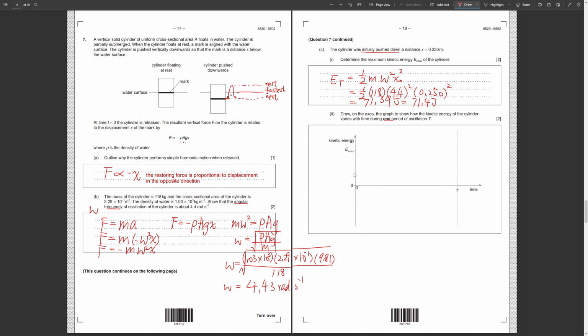In terms of energy, it will be 0, fast, 0, fast, 0, with the endpoint being one time period as well. Lastly, we are going to join these dots using a very smooth curve.